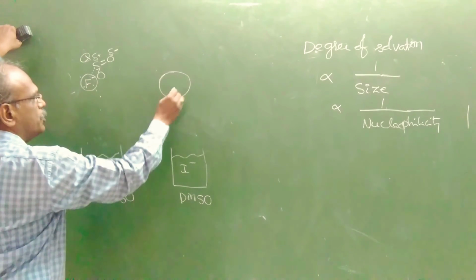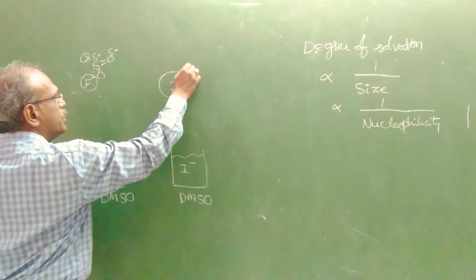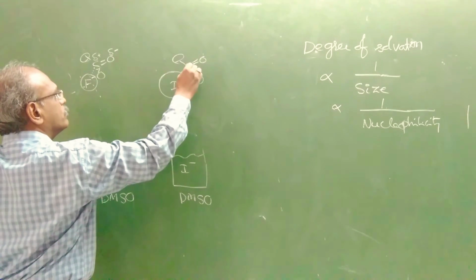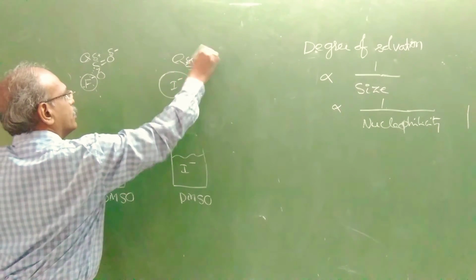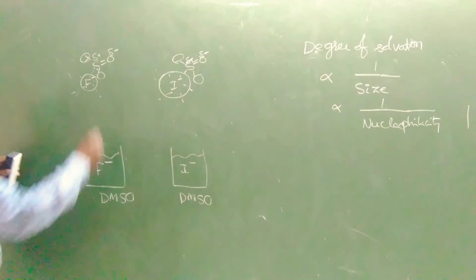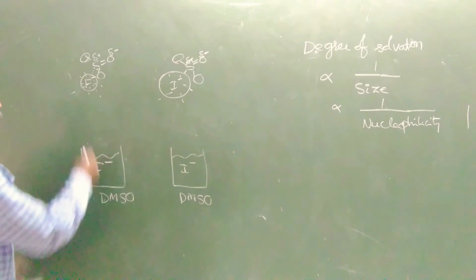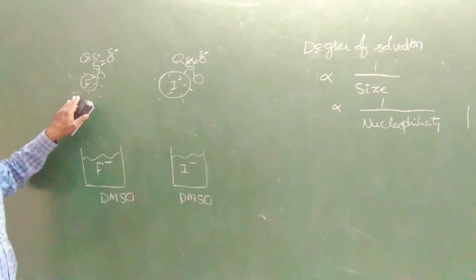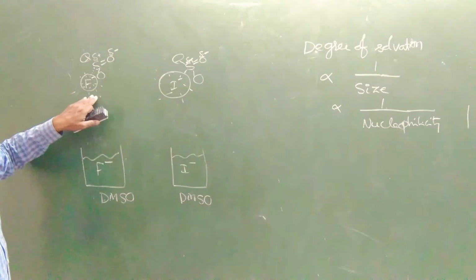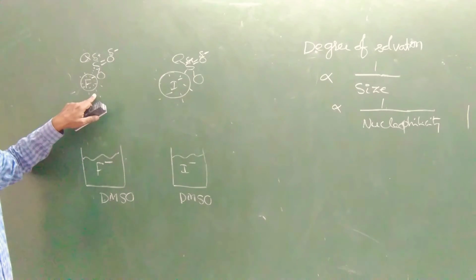Now look at the larger size of DMSO, with delta plus and delta minus. It has a larger surface area, whereas this one is small and has a smaller surface area. So it cannot accommodate a larger number of solvent molecules. Cannot accommodate means the degree of solvation is less for this.